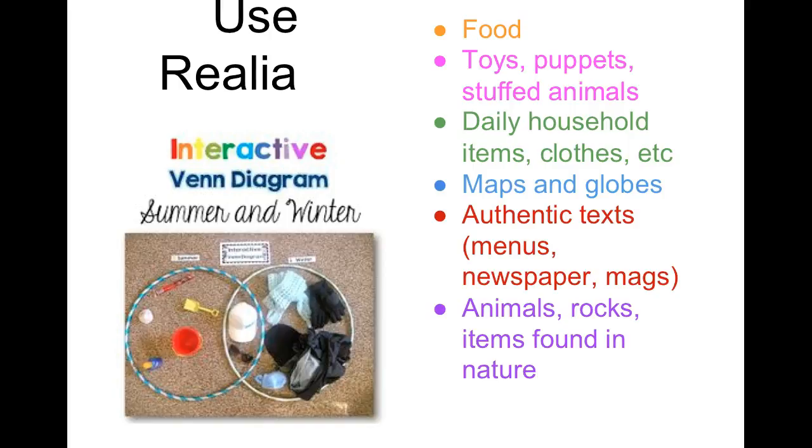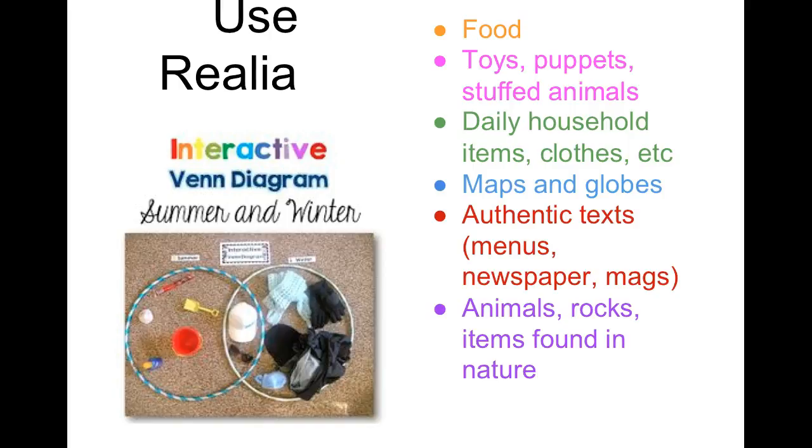Food, toys, puppets, daily items, all of these things that most of us have in our play centers or our imaginary centers. Definitely in our science centers, all these real objects that students can really understand and manipulate and see, touch and feel and interact with. These are what a lot of our English learners can really benefit from.